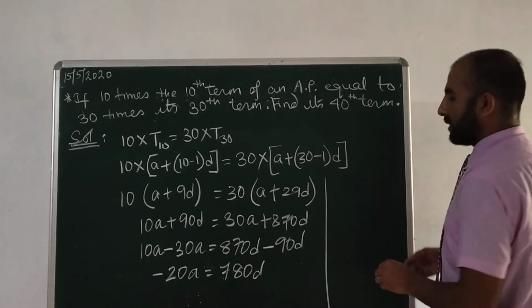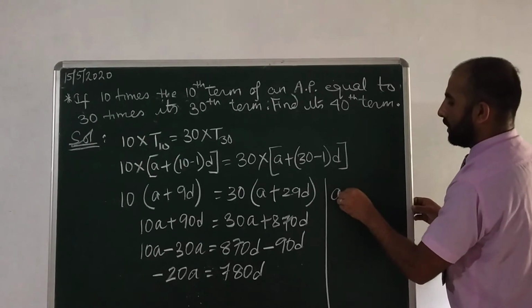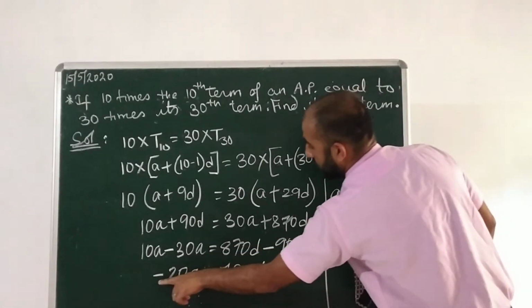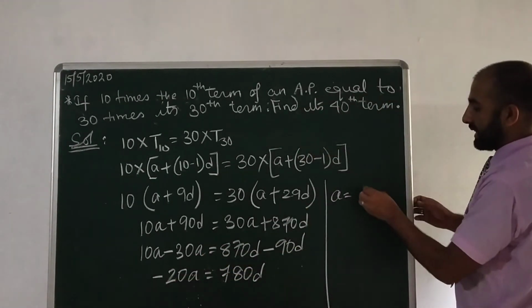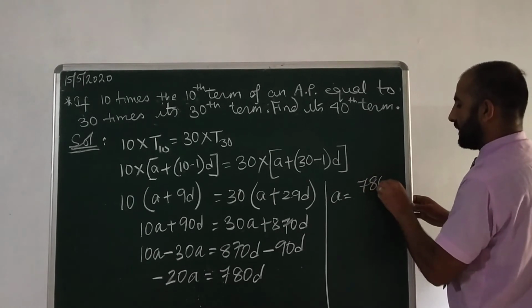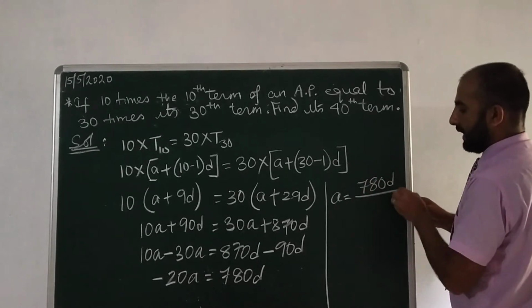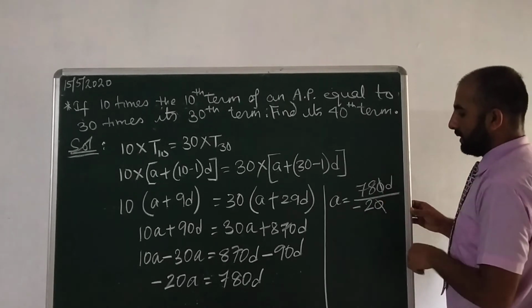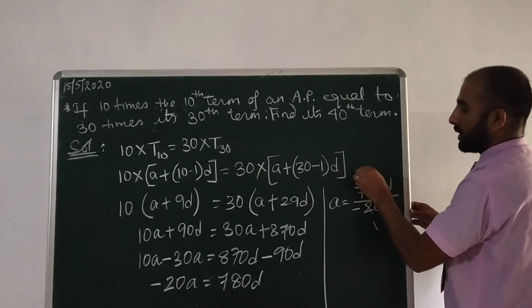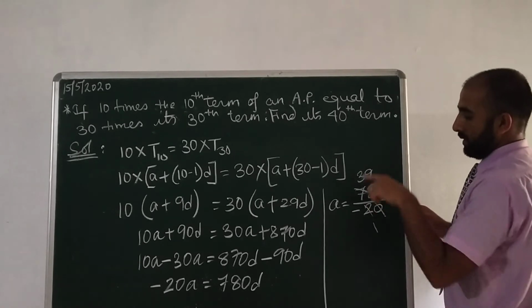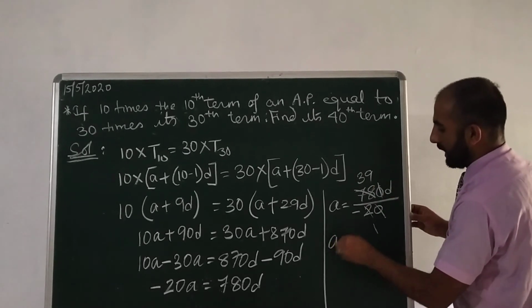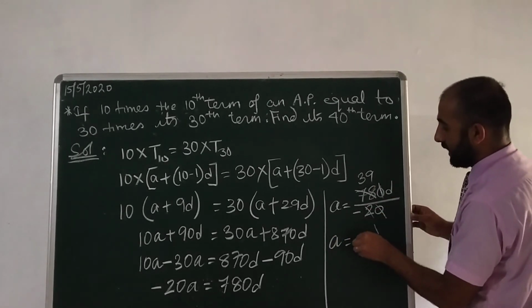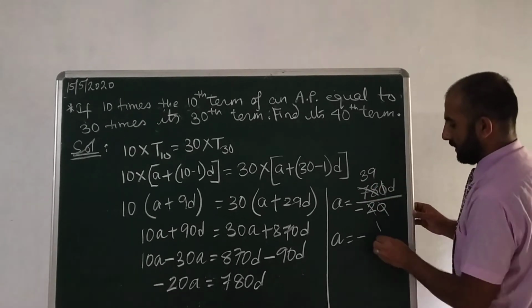Finally, we got A equals, I'm going to take this minus 20 to the right side, that is 780D divided by minus 20. 0, 0 cancelled, 2 ones are 2, 2 39s are 78. So A equals, minus is already there, minus 39D.